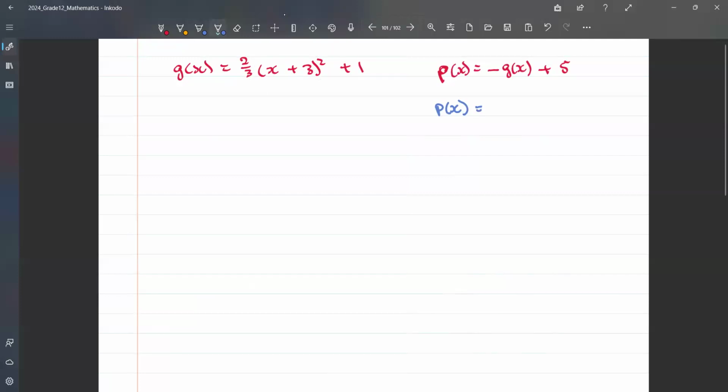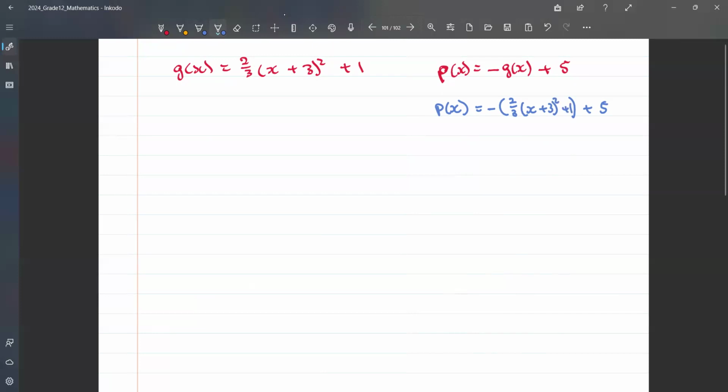If you don't understand the transformation that has happened, you say negative, then we substitute our g of x and we add 5 because we are also translating it upwards. So this is going to be the substitution method. I'm using a substitution method for your own understanding and clarity.